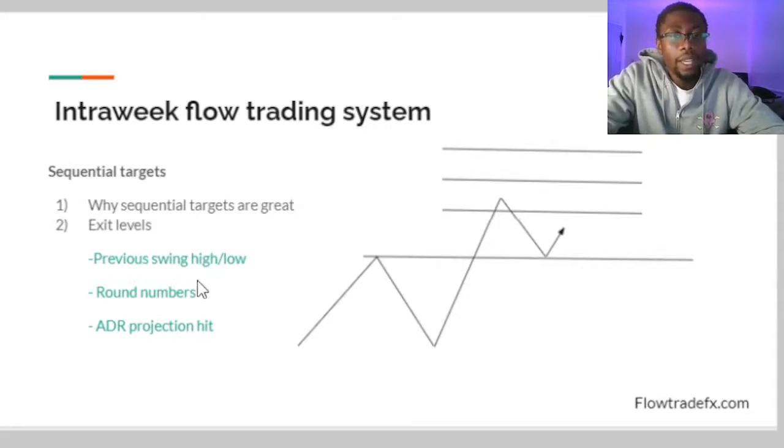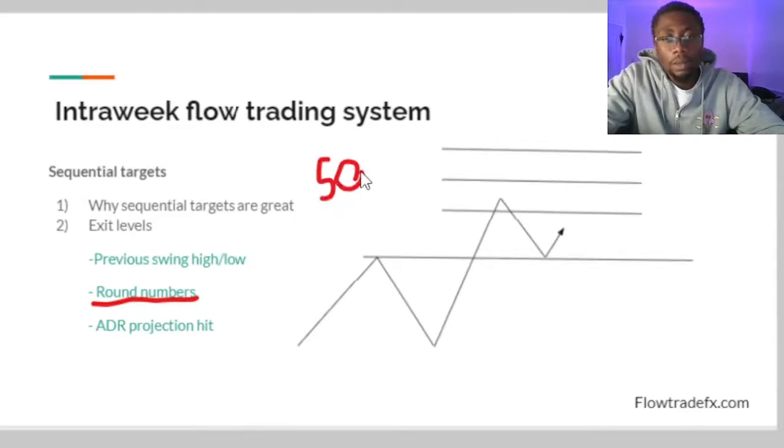So here we have a chart set up, and you can see the different levels of round numbers here. Now, round numbers are 50s and double O's.